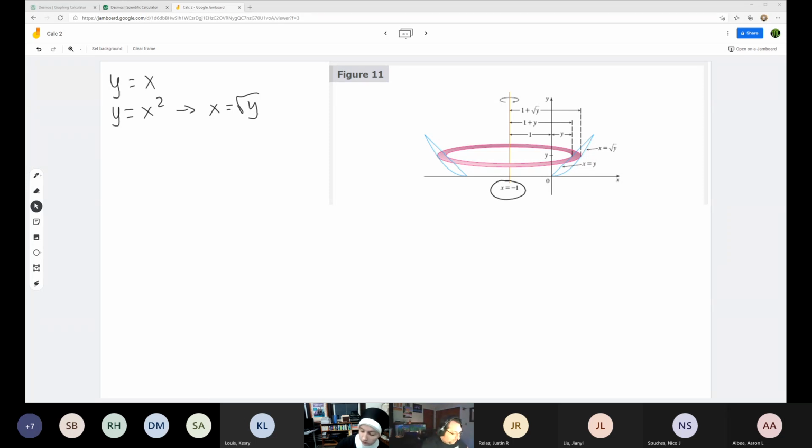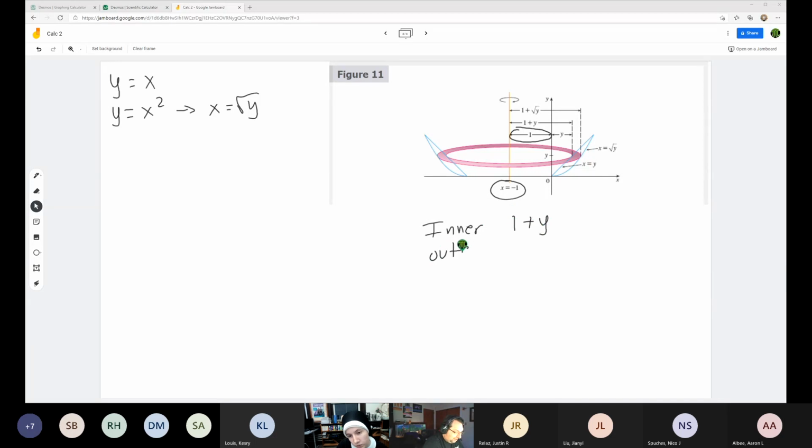The next thing we have to look at is, what is my radius? If we look at the radius from this point over, that's going to be 1 over to the y-axis. And then I have to add the distance to the actual curve. So my inner curve on this one is y, so my inner radius is 1 plus y.